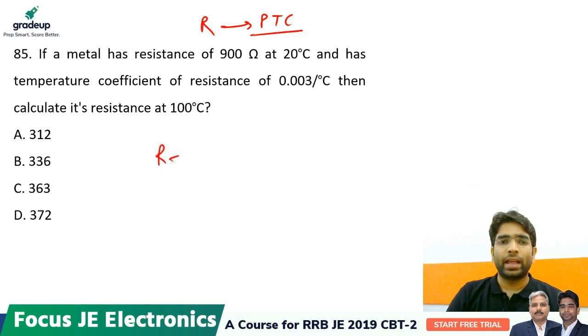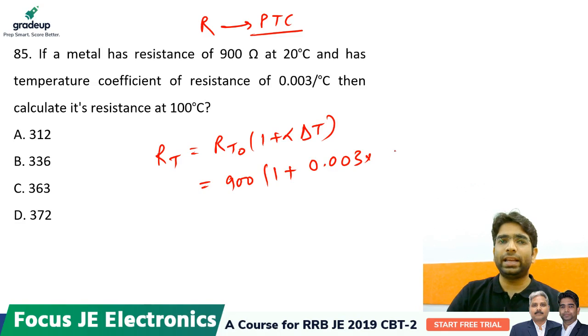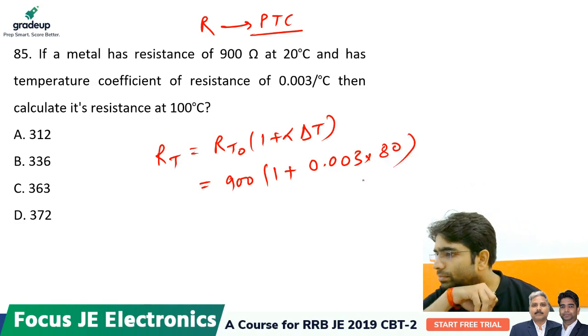Resistance at any temperature T equals resistance at T naught times 1 plus alpha del T, where alpha is the temperature coefficient. R at T naught is 900, alpha is 0.003, and del T is 100 minus 20, which is 80.